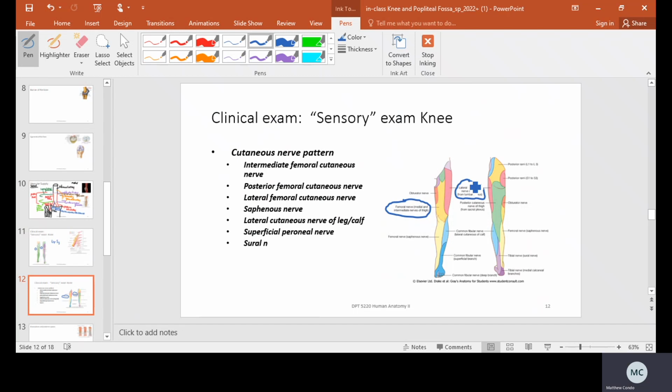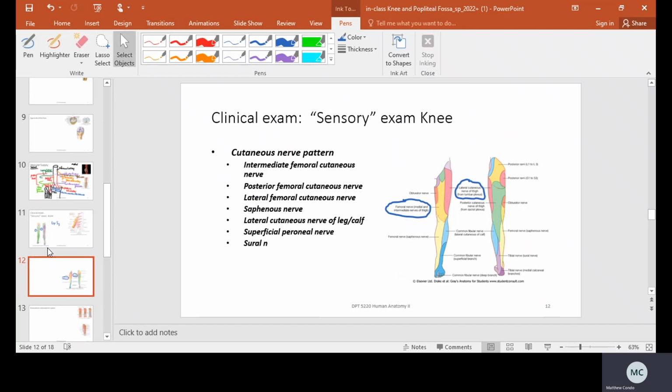So if I can't reproduce their pain within mechanical means, they probably do not have mechanical pain, right? So understanding where these femoral cutaneous nerves are and other cutaneous nerves and your dermatomes is really key because you're going to have to differentiate whether that's a bursitis patient or a low back patient. That changes your treatment plan a little bit, doesn't it? Heck yeah, it does.